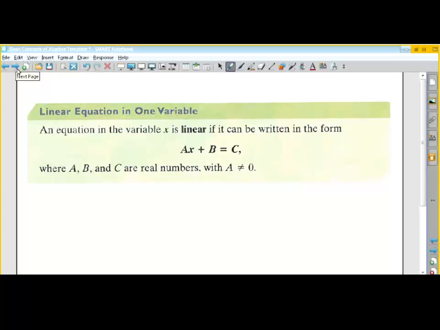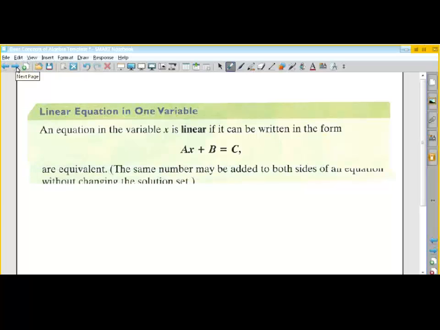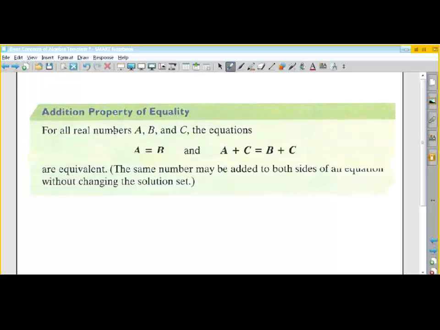So there are two basic techniques that you use to solve these. One is the addition property of equality. There's no variable in here, but it's talking about real numbers. So a, b, and c can represent any real number, negative, positive, rational, irrational.